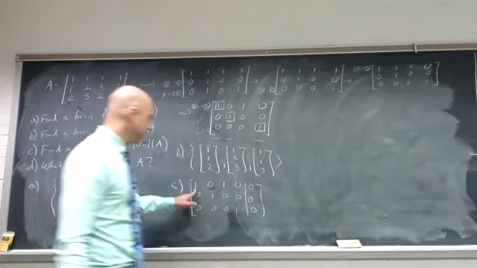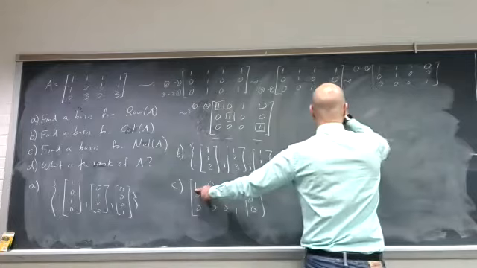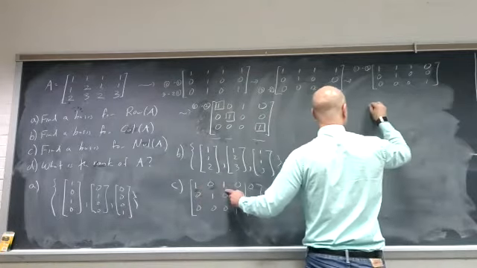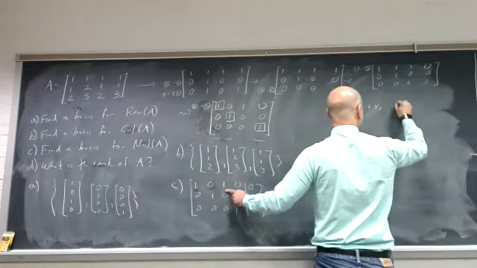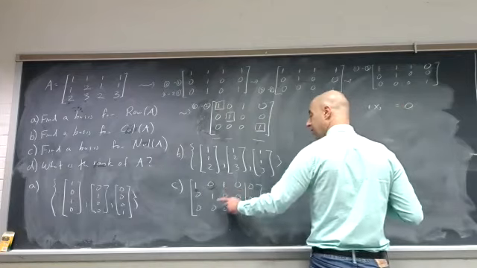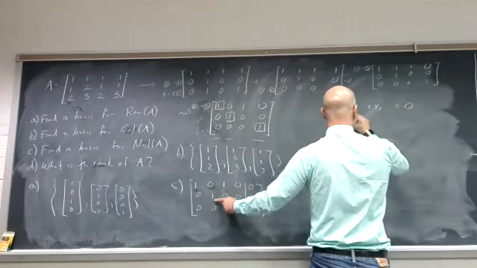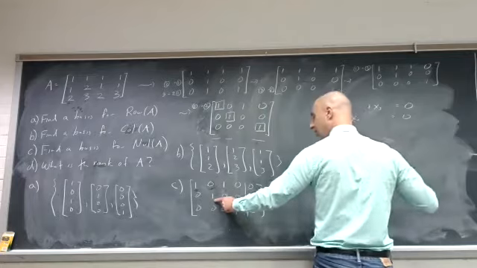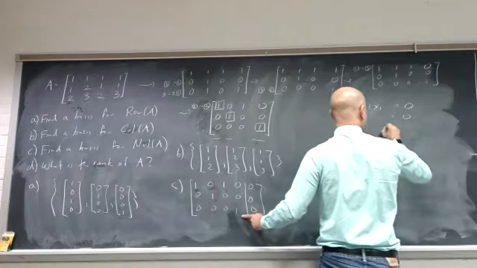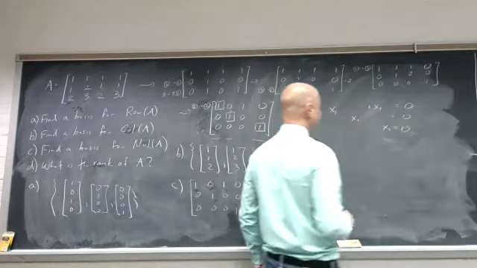So this first row says x1 plus x3 equals 0. The second row says x2 equals 0. And the third row says x4 equals 0.